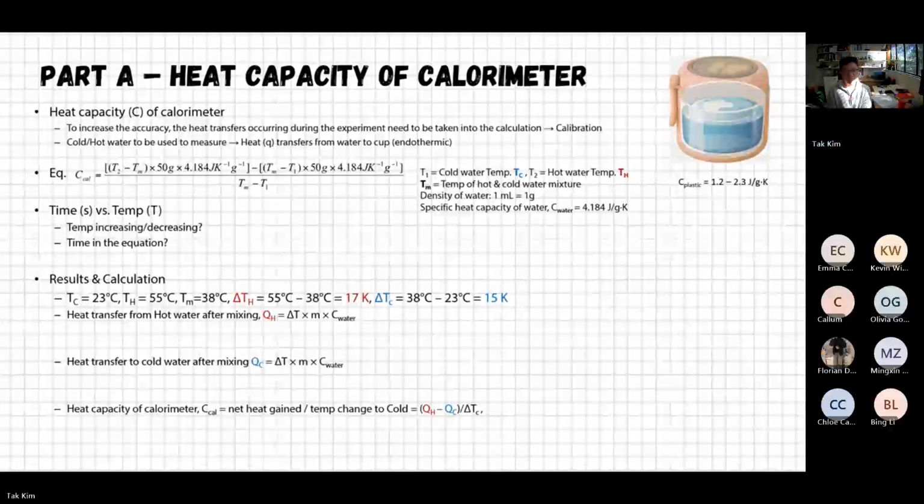So part A is calculating or finding out the heat capacity of your calorimeter. It is somewhat not necessary, but it is better to do to have an accurate result. That is why we measure the heat capacity of the calorimeter.